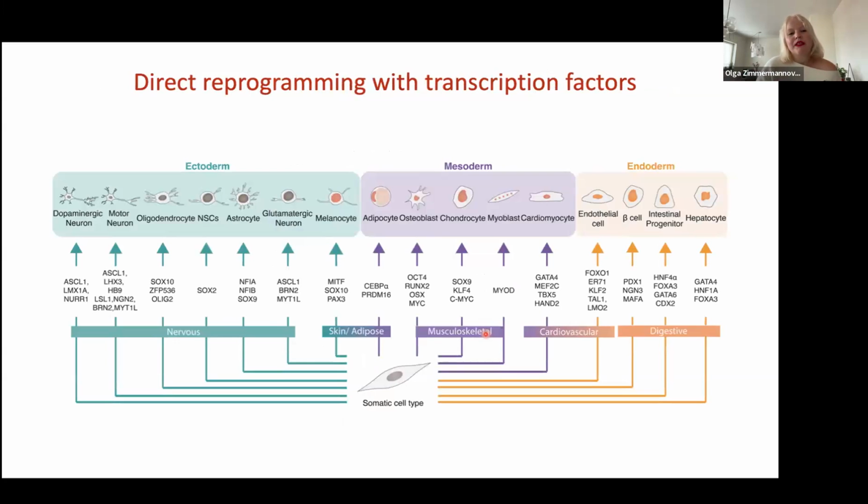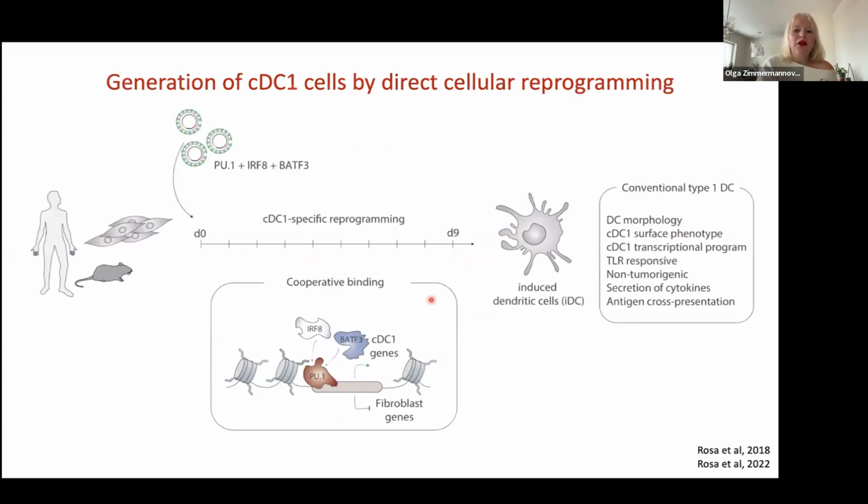So far, cellular reprogramming was used mainly in the context of regenerative medicine and cell replacement therapy, and it helped to generate multiple cellular types, including different types of neurons, functional cardiomyocytes, or, for example, functional hepatocytes. And in our lab, we wanted to bring cellular reprogramming more to the context of cancer immunotherapy.